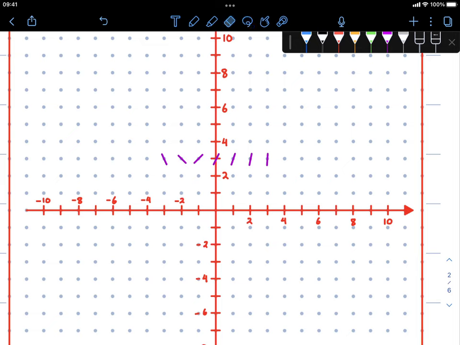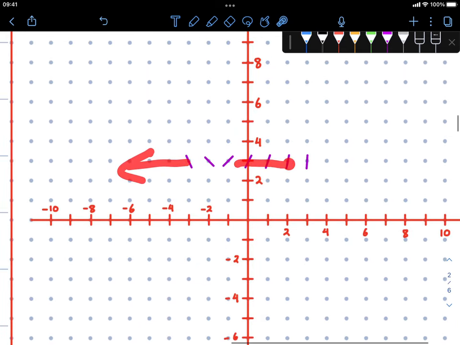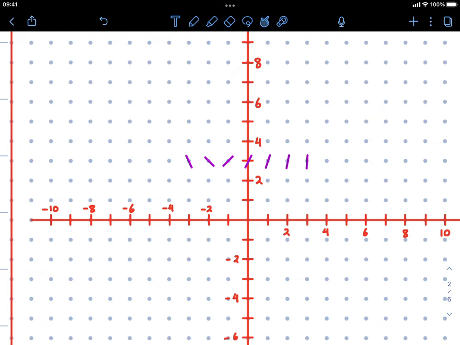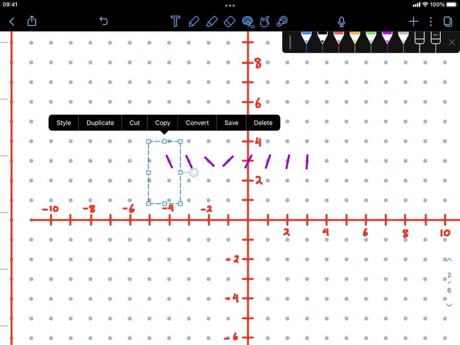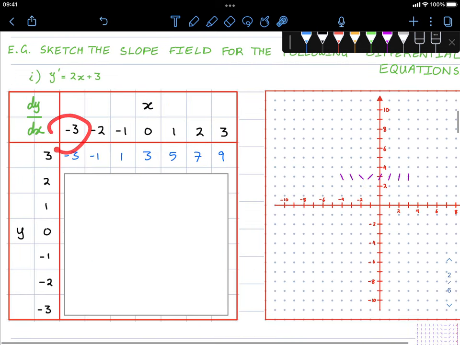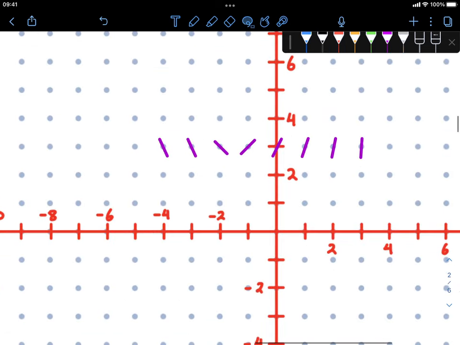You can probably see a pattern forming here, that if we go to the left, it would mirror these gradients. For example, if we were to go one to the left, because our table stops at -3, if we were to go to x equals -4, we should get a gradient of -5 on the left hand side. So it would be more steep like this.